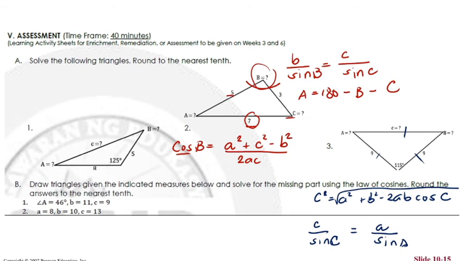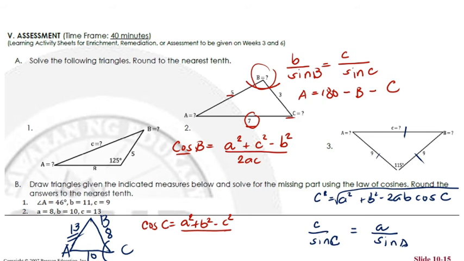Then for your letter B number 2, let's draw first. So you have your A, B, and C. Your side A is 8, your side B is 10, and your side C is 13. Since 13 is the longest side, we're going to compute first for angle C. So cosine C is equal to A squared plus B squared minus C squared all over 2AB.